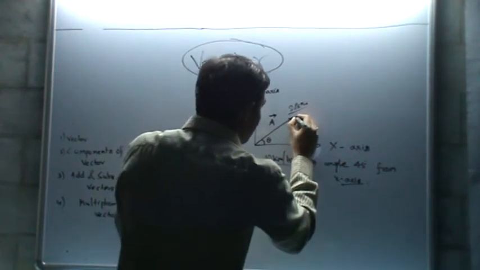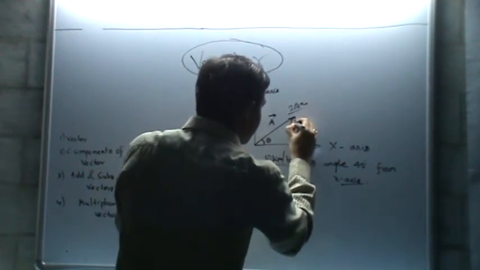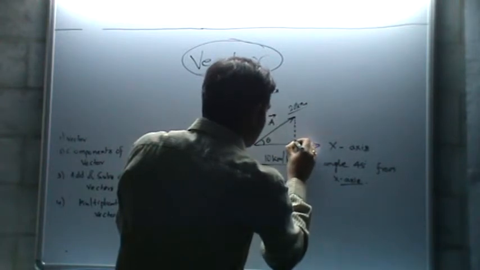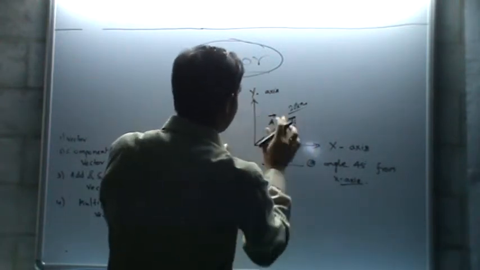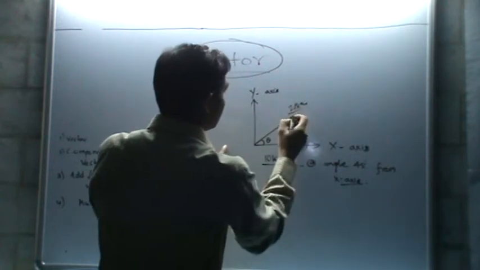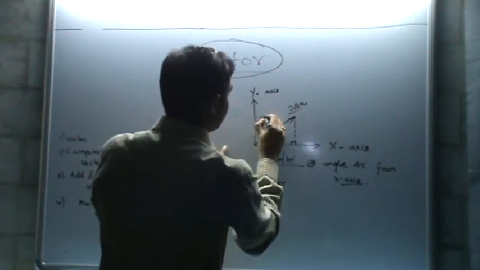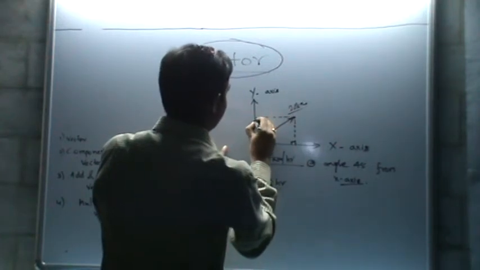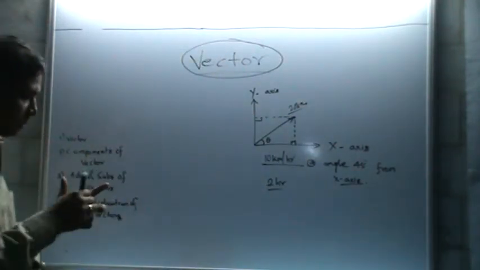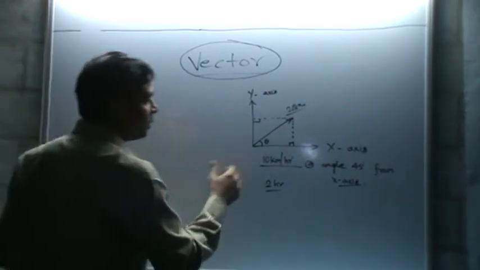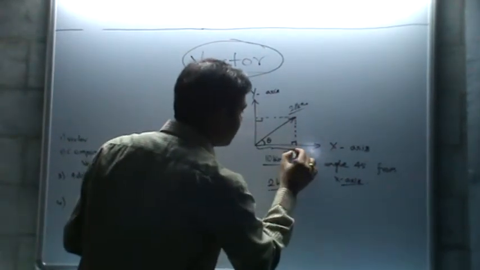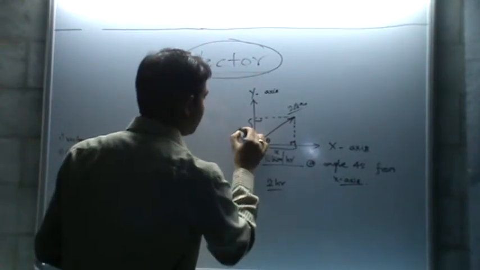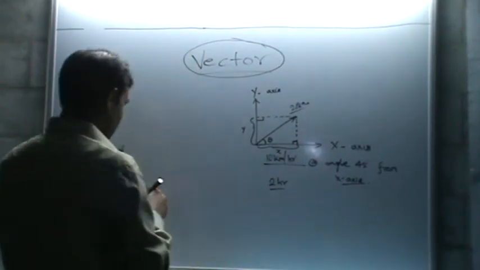We draw a perpendicular from this point to here, and similarly from this point to here. Now this component is the x component, and this is called the y component. What happened?